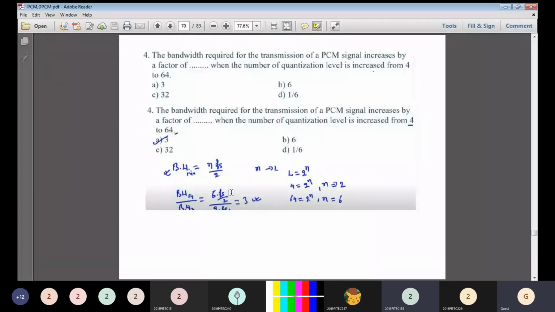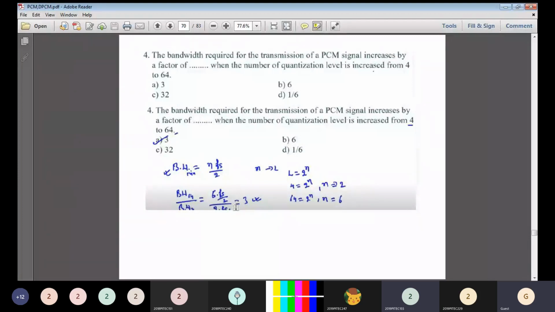The first thing is maximum value: bandwidth 64 divided by bandwidth 4. Bandwidth 64 means the small n value is 6. So 6 into fs by 2 divided by 2 into fs by 2.